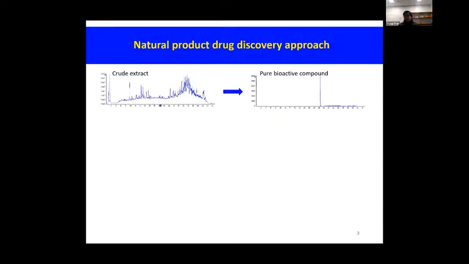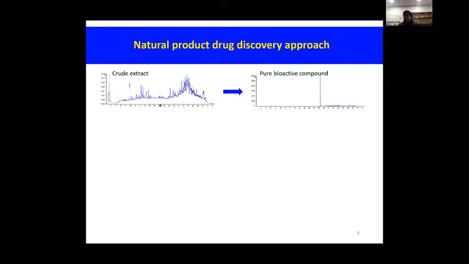The extract normally contains hundreds to thousands of compounds from major to minor, but the active compounds are normally just one or a few compounds in the extract for specific activity assays. So how do we identify the active compounds from a mixture? That is our role as natural product chemists.